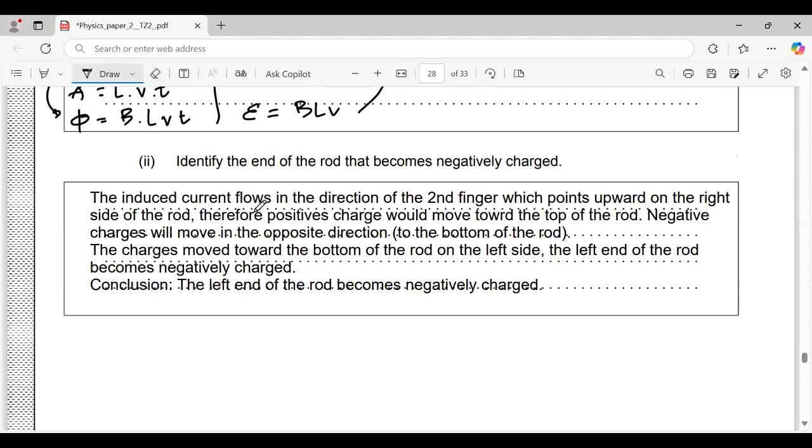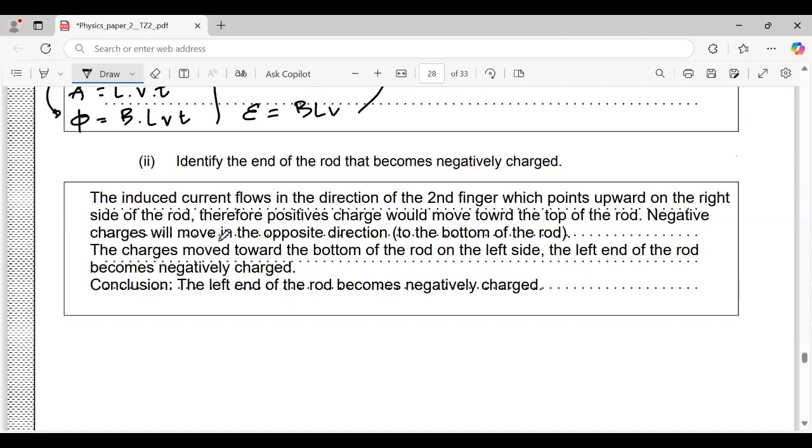The induced current flows in the direction of the second finger, which points upward on the right side of the rod. Therefore, positive charges will move toward the top of the rod.